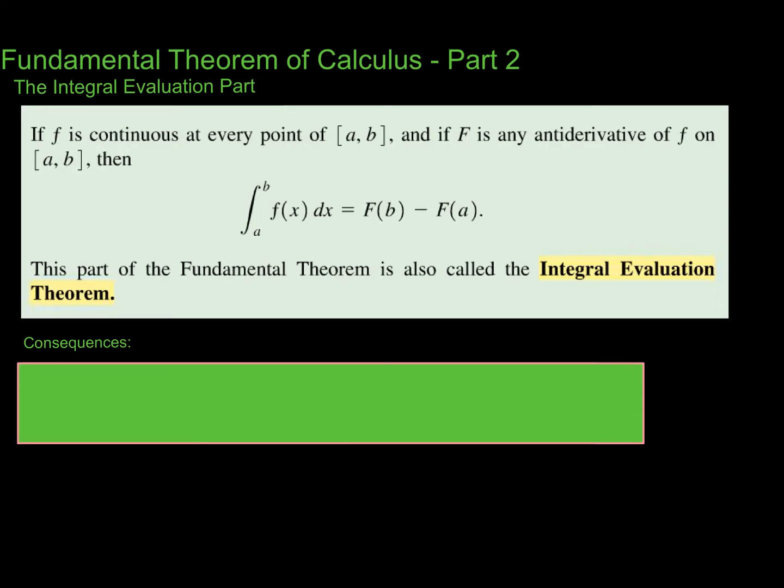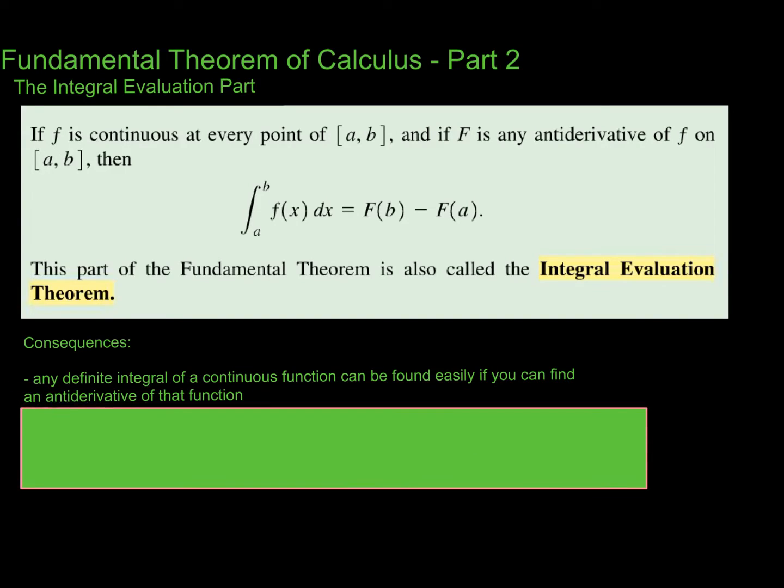So the consequence of this second part is simple but incredibly important. What it says is that any definite integral of a continuous function, lowercase f, can be found easily if you can find an antiderivative of that function. Now, remember that the first part of our fundamental theorem said, as one of its consequences, that any continuous function will have an antiderivative.